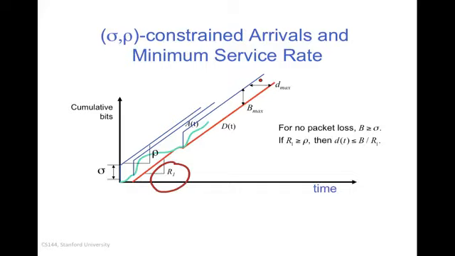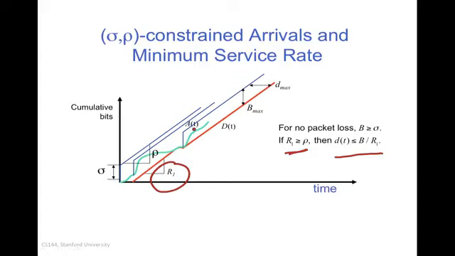And if the rate at which I'm serving is greater than this rho, then the delay is less than or equal to B over R1. So I've now bounded the delay based on things that I can control, B and R1. Still doesn't tell me how I'm going to do this. It just tells me that if I can constrain A of t, then this will all hold.